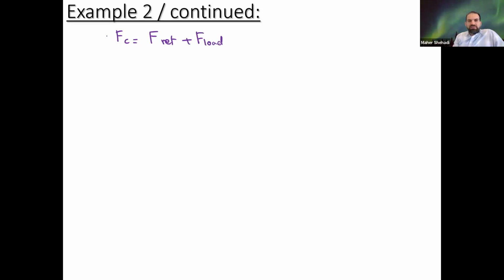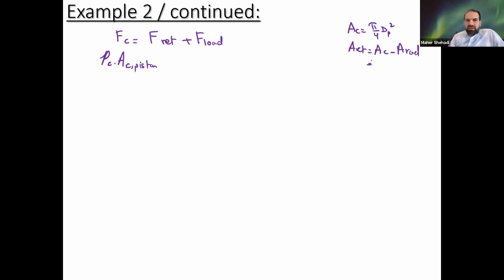What's the relation between the force and pressure? We'll use Pascal's law. Pressure is force over area. So this would be P cap times area of the cap for the piston, which is simply pi over 4 d piston square, and the retract area is AC minus the rod area.